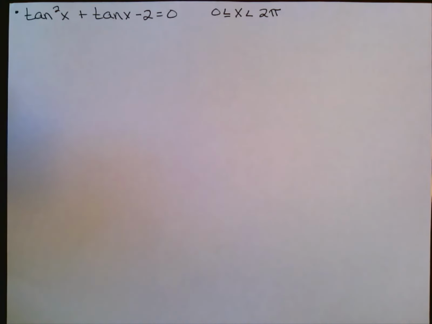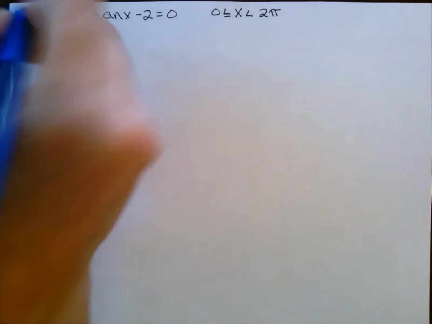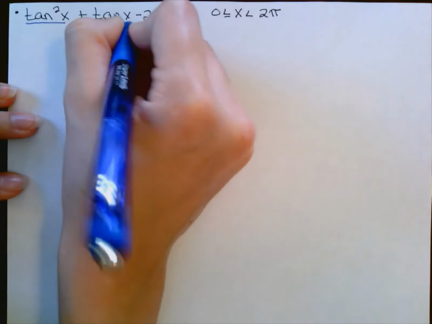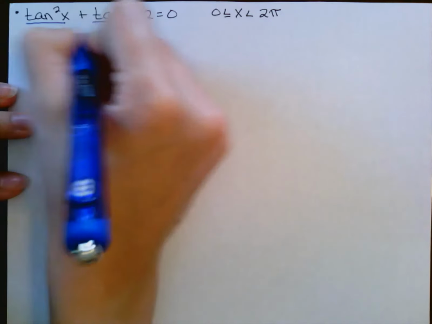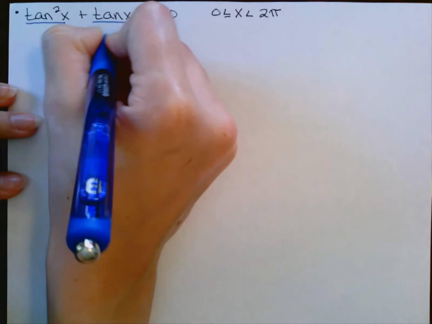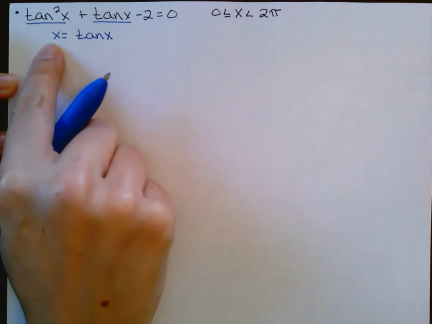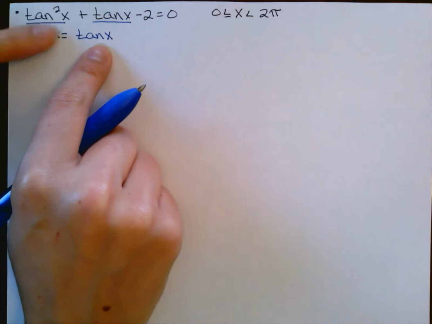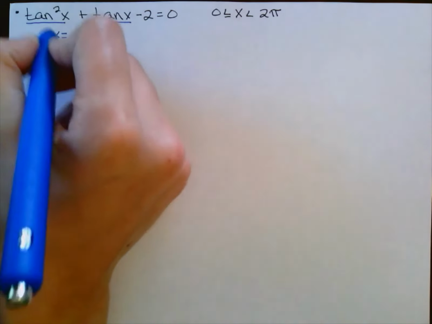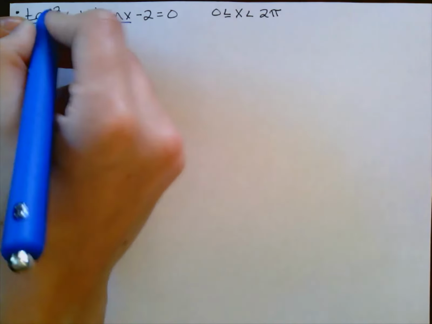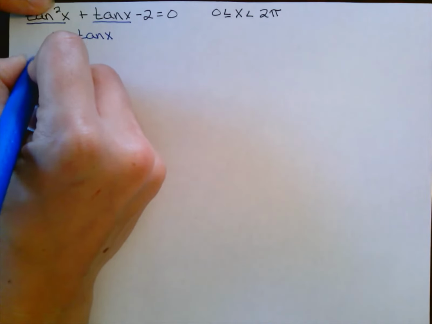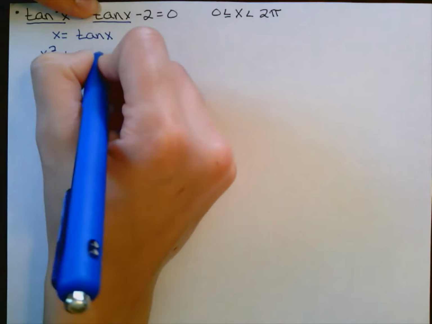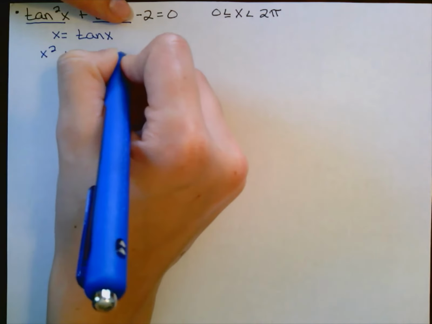So in order to help you visualize this, I'm going to rewrite tangent just with the variable x for a minute. I typically don't like to use the same variable that exists here, just because that can be confusing later on, but I think it's really going to help you visualize it. So if I replace the word tangent with an x, this tangent is squared, so I'm going to call this x squared. Plus, I'm going to replace this tangent with an x, and then I'm going to say minus 2.